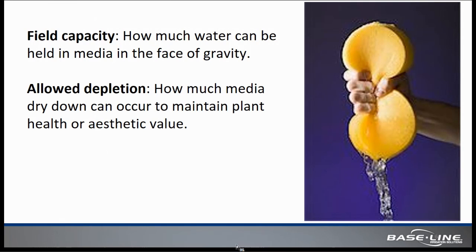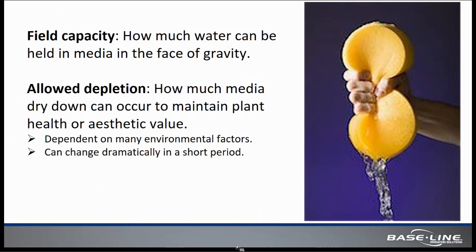And if we look at allowed depletion, it's dependent on many different environmental factors. It can change dramatically in a short period of time, and in reality, allowed depletion is the opinion of the landscape manager who is looking to achieve an objective in water use or maintain a desired aesthetic value of that plant material that he's managing.